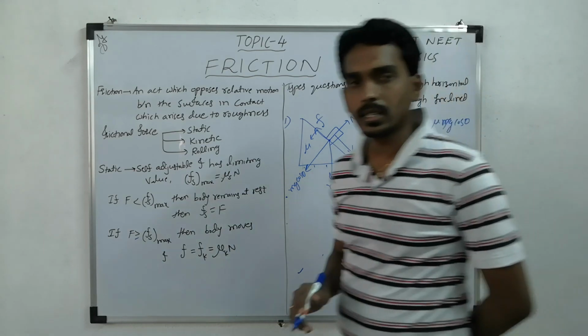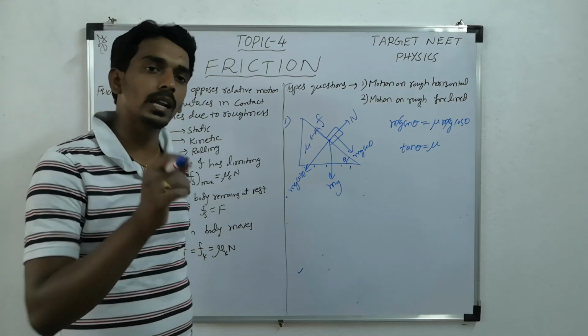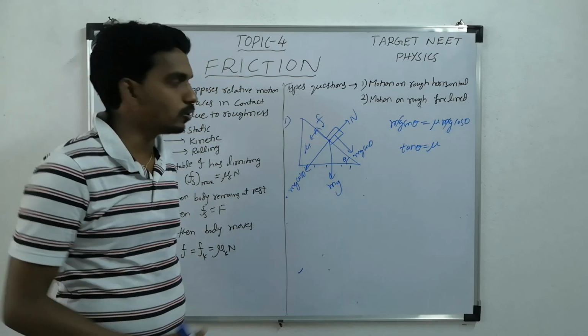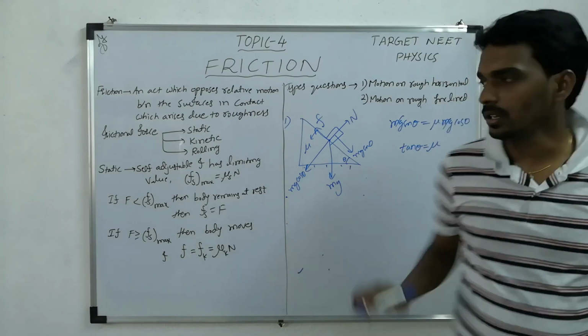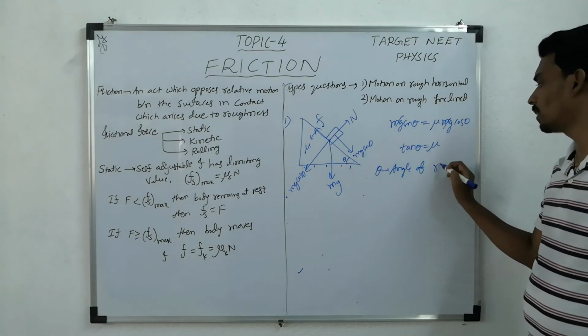In the case of a horizontal rough surface, there was tan alpha equal to mu, where alpha is the angle of friction. Now the same formula, tan theta equal to mu, applies, but the surface is inclined, and this angle is called the angle of repose. What is the angle of repose?